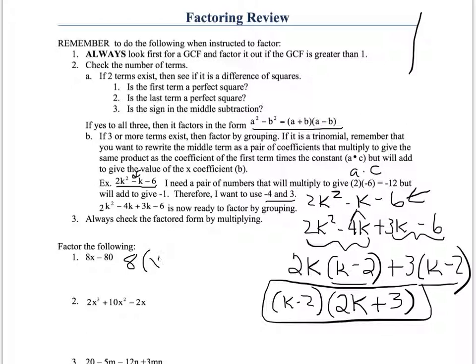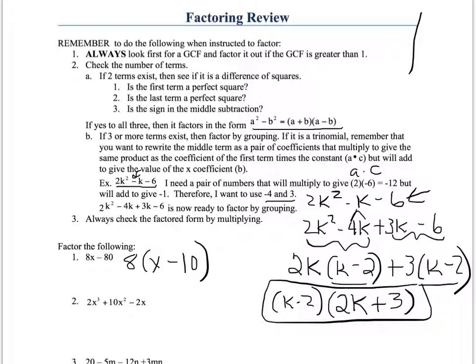Inside I would have an x, because 8 times x gives me 8x, match my sign, and 8 times 10 gives me 80. And if I look at my parentheses, there's no way that x minus 10 can factor any further. There is no more GCF, and it's certainly not a difference of squares. So I am done.